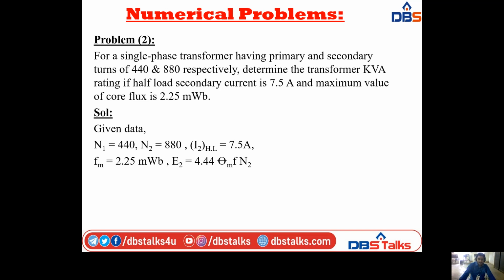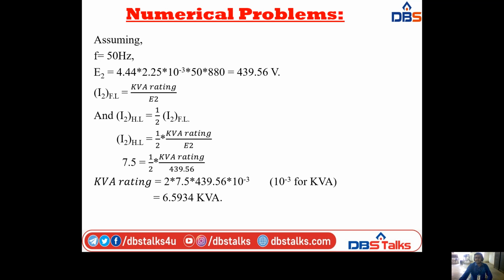By using this, we determine the E2 value, and then we determine the kVA rating of the transformer. Assuming the frequency is 50 hertz, E2 is equal to 4.44 into 2.25 into 10 to the power of minus 3 into 50 into 880, where 880 is the number of turns in the secondary.